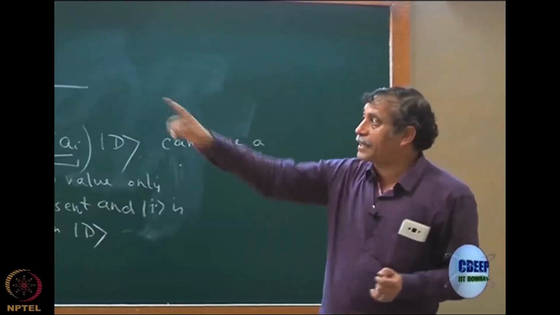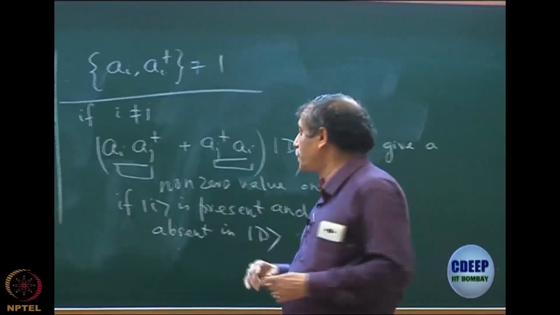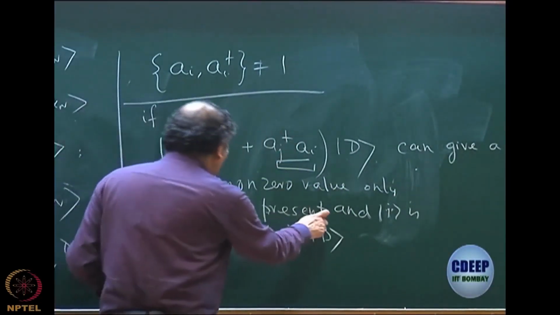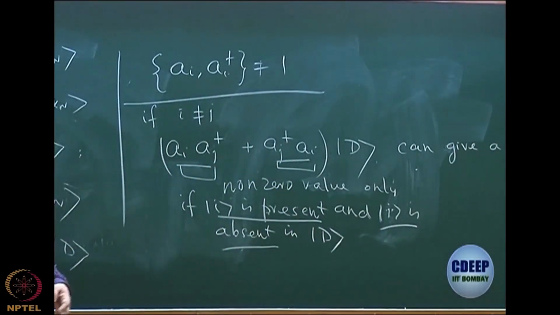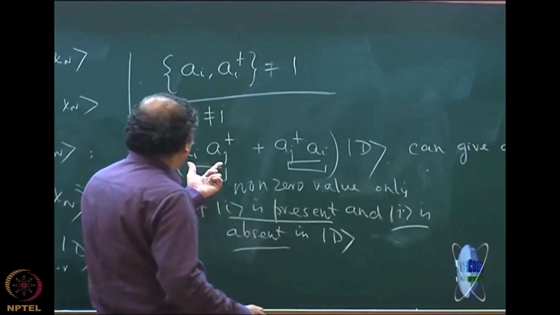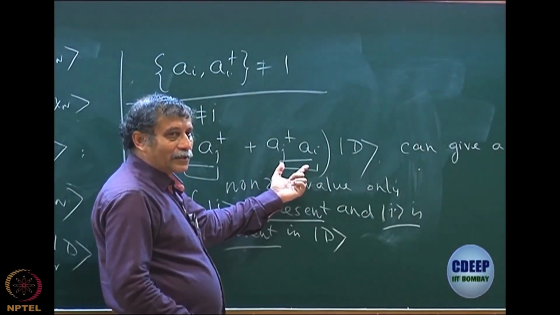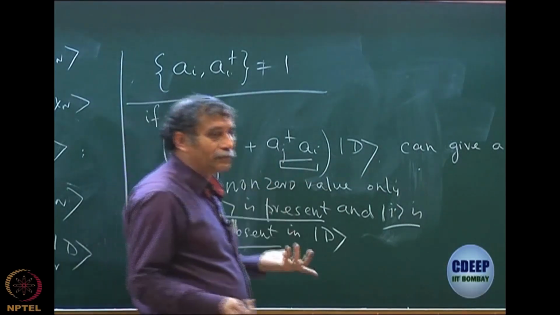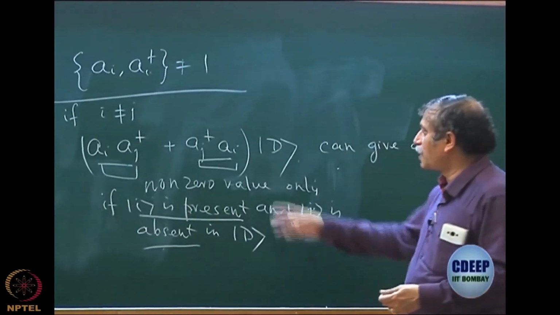So, there is, unlike in that case that either this will act or this will act, each of the string is going to be 0 unless both are true, which means I must be present and j must be absent, both must be true. Is it clear? Because you look at this string, it is AI AJ dagger AI, correct. So if this is not true, each of them will become 0, because if I is not present, AI cannot act.